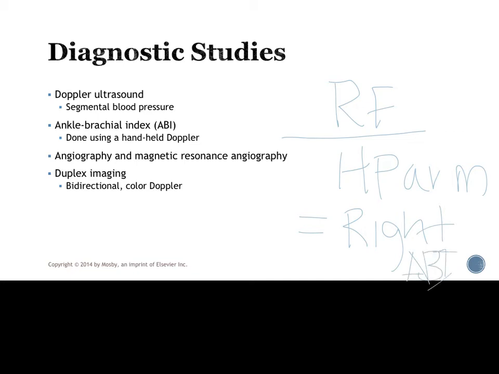And as far as the right ABI and significant readings, if you look at page 836, you'll be able to see that if it's less than 0.9, then it becomes abnormal.